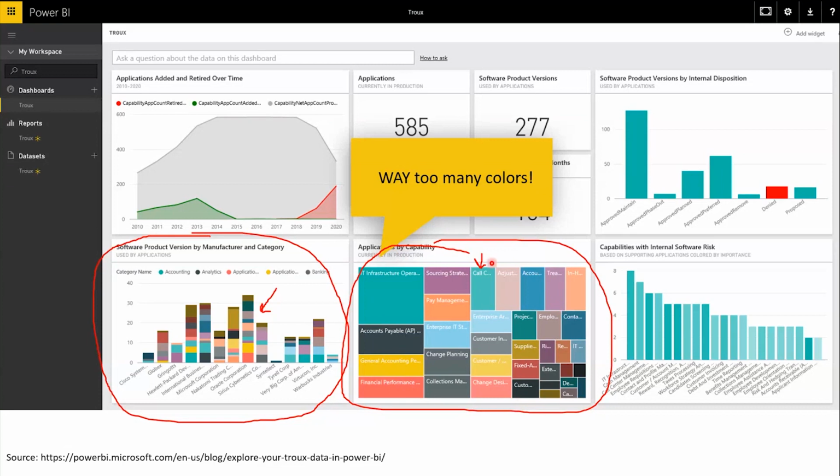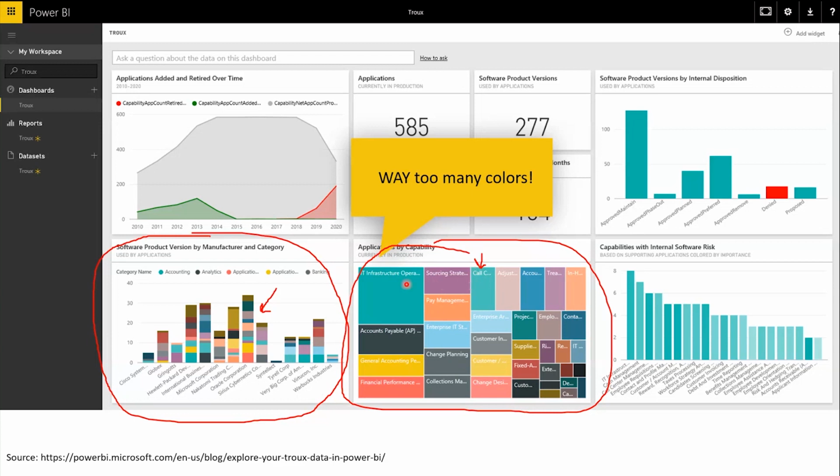So if you're just using this tree map here, or Marimekko chart as it's also called, right? Power BI will just throw every color from the theme in the chart.